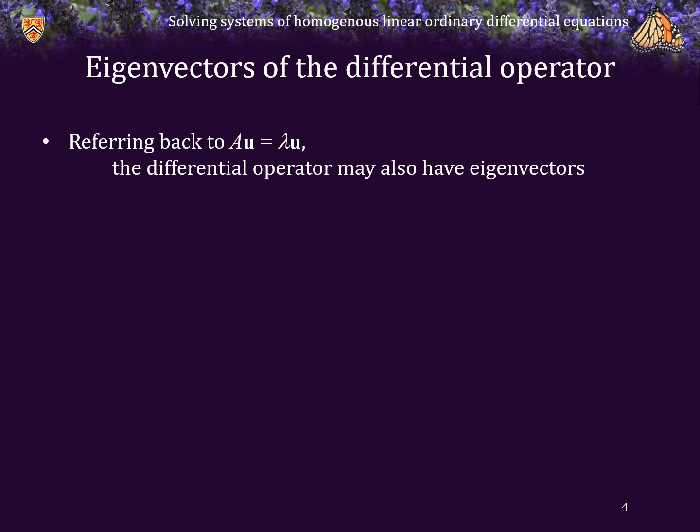So referring back to the definition of an eigenvector, we may wonder, does the differential operator actually also have eigenvectors? That is, are there any functions that you're aware of where the derivative of that function is a scalar multiple of that function?